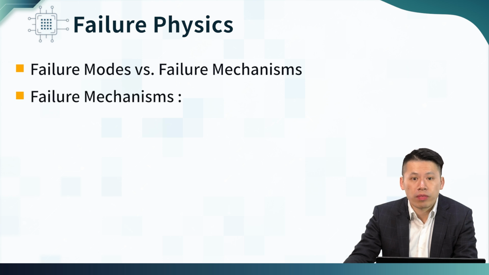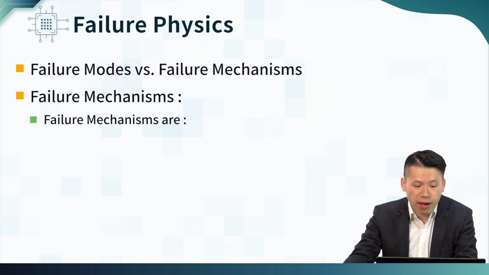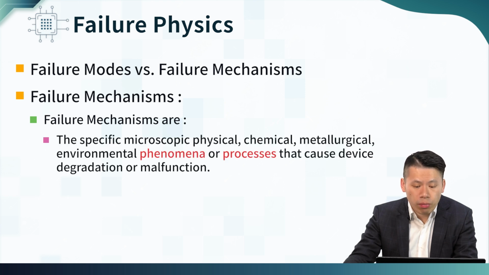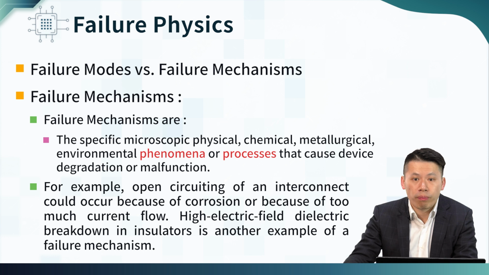And next is failure mechanisms. The failure mechanisms are the specific physical, chemical, metallurgical, or environmental phenomena or processes that cause device degradation or malfunction. For example, an open circuit in an interconnection could occur because of corrosion or because of too much current flow.